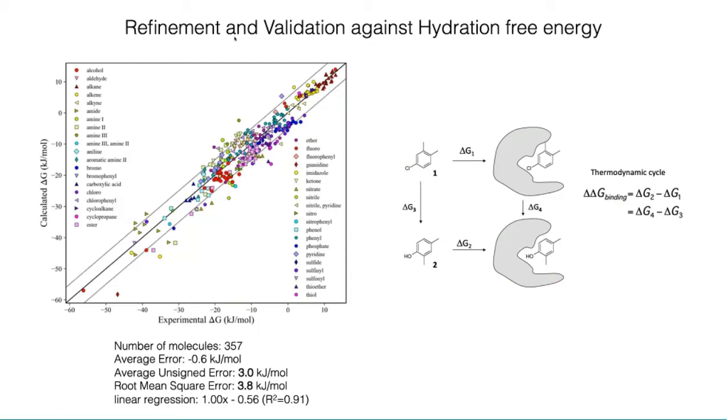But if we make any small mistake in the hydration free energy of an individual molecule, we are more likely to get delta G3 incorrect, and then the overall binding free energy incorrect. So to have success in the free energy of binding between two molecules, we have to make sure we are able to reproduce the hydration free energy of these molecules.